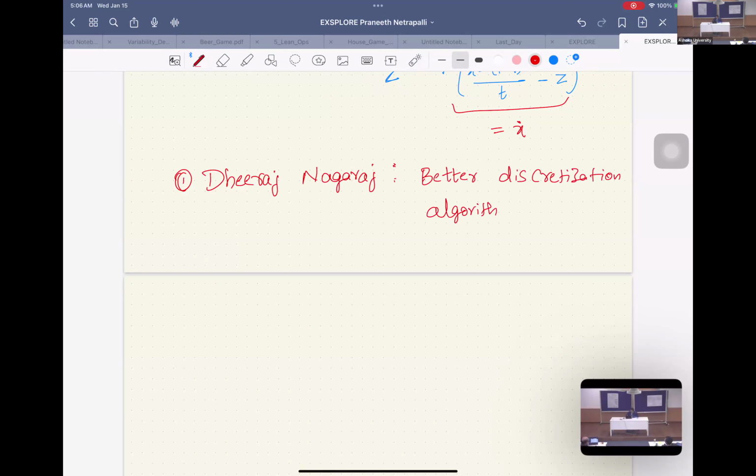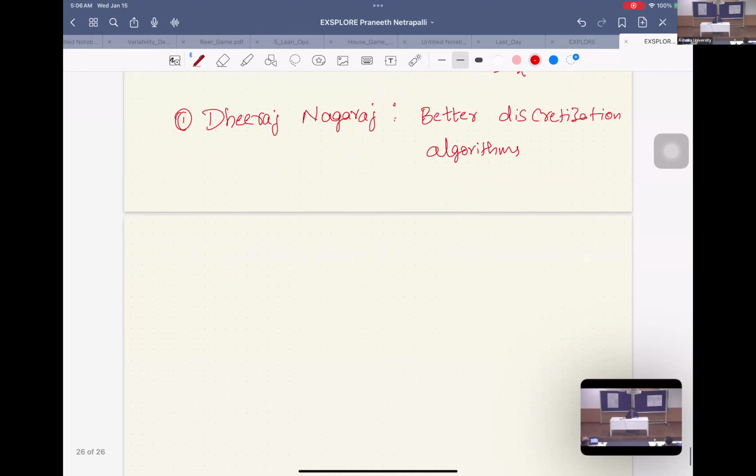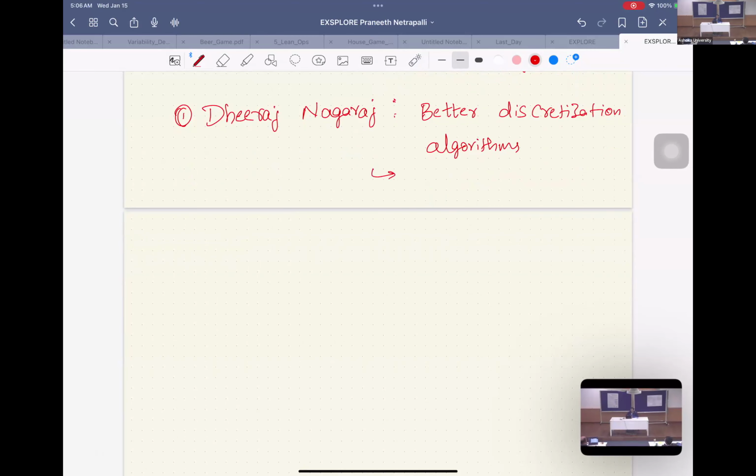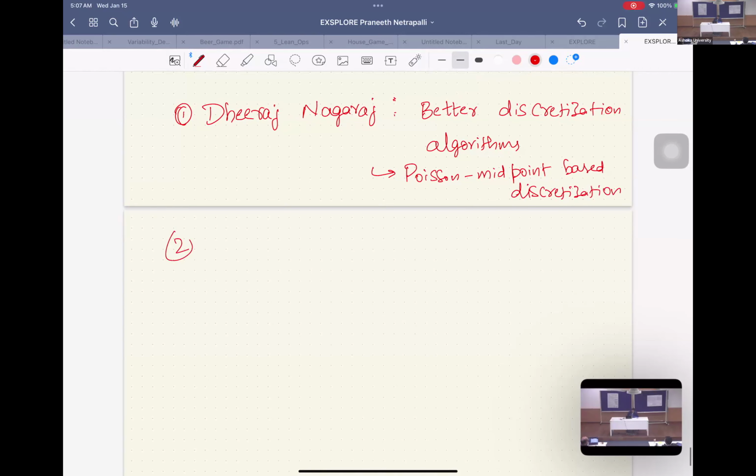In particular, people currently use what is called Euler-Maruyama discretization, whereas he recently developed a discretization that he calls Poisson midpoint method based discretization. Okay, so this is one line.